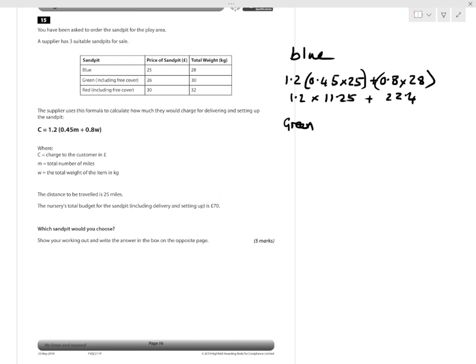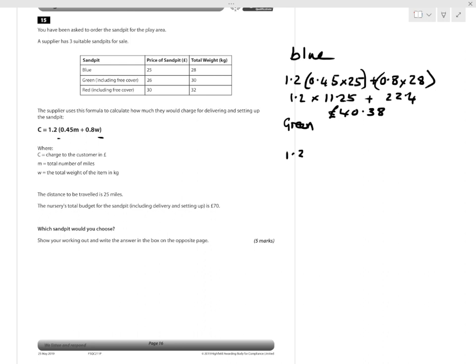I think we should add these two bits together first because they were in big brackets here. So 22.4 plus 11.25, times that by 1.2, equals £40.38. So that's £40.38 for the blue one.